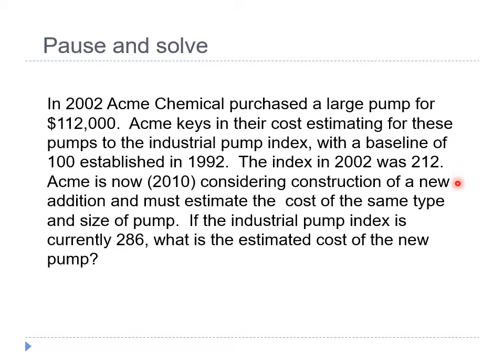Acme is now in 2010 considering construction of a new addition and must estimate the cost of the same type and size of pump. If the industrial pump index is currently 286, what is the estimated cost of the new pump? Please try this question on your own and we shall discuss the answer in our next class.